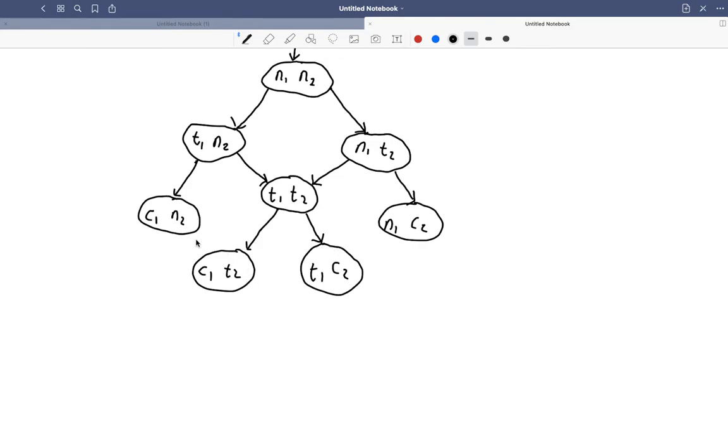Actually, we can also get from this state to this state, because while process 1 is accessing the resource, it may be the case that process 2 will put in a request, and so it will start trying for the resource. And also here, while process 2 is accessing the resource, process 1 might put in a request.